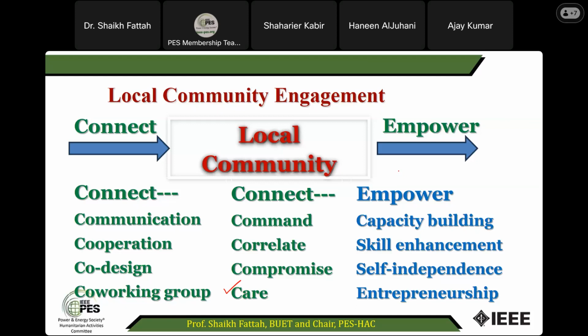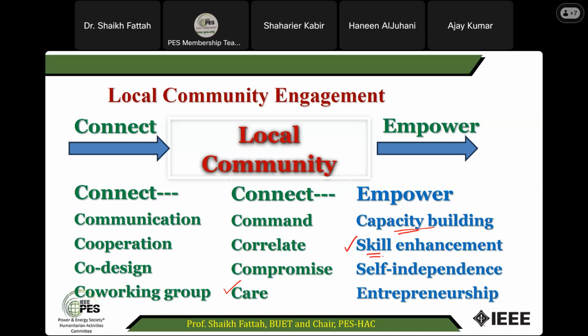It's the community who will take care of it. That's why capacity building is very important. You have to think about how you can enhance their capacity in dealing with that technology. That's why the important task is skill enhancement.